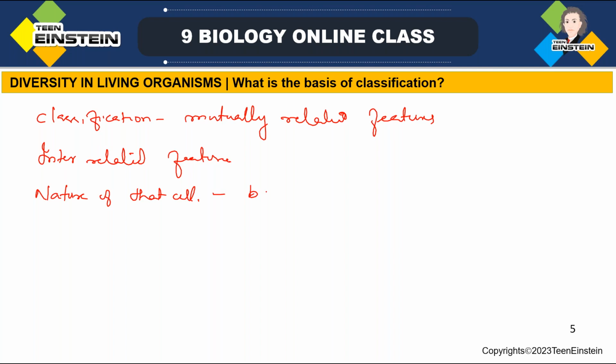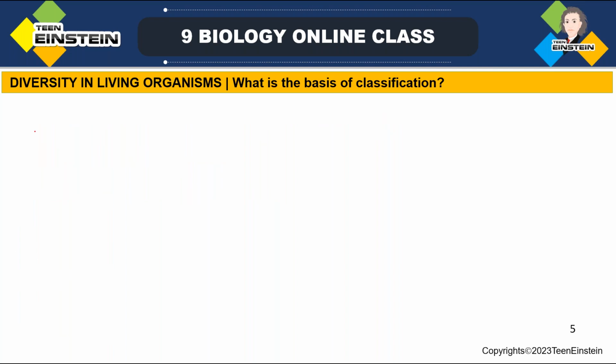The very basic thing we are considering is the nature of the cell. And there are some other characters also. First we can say a eukaryotic cell. So what all are we considering while we start the classification from the basic level, the nature of the cell.